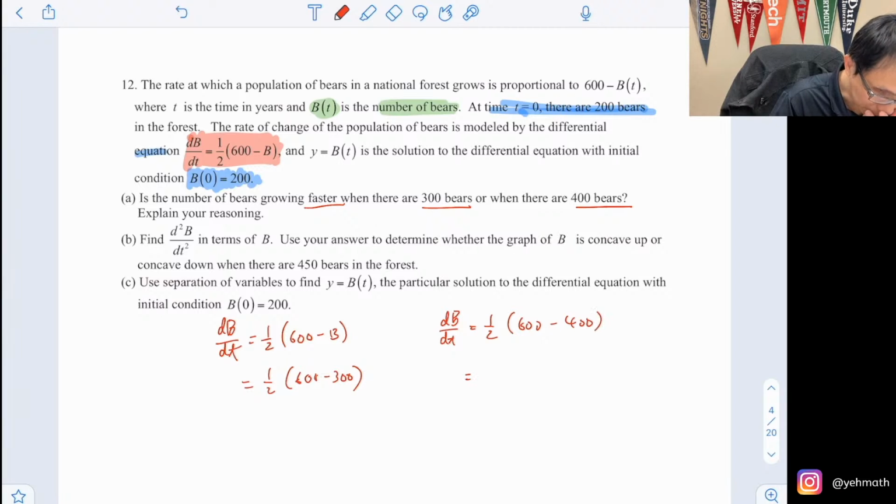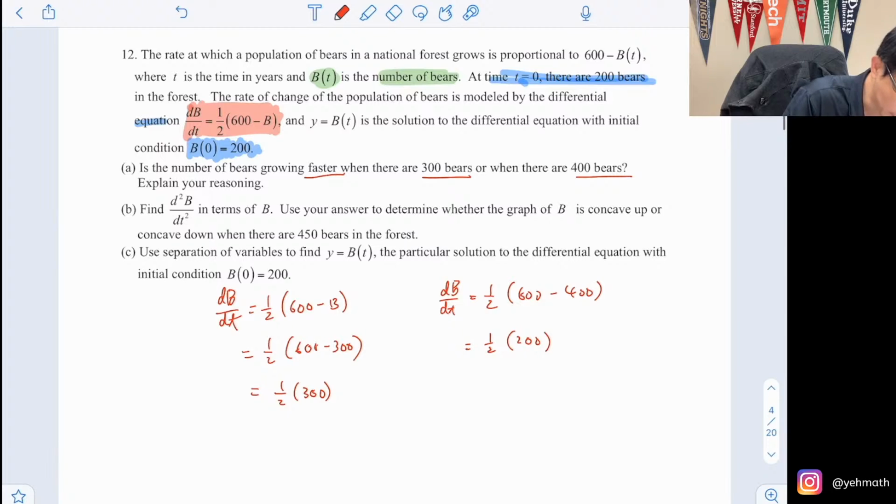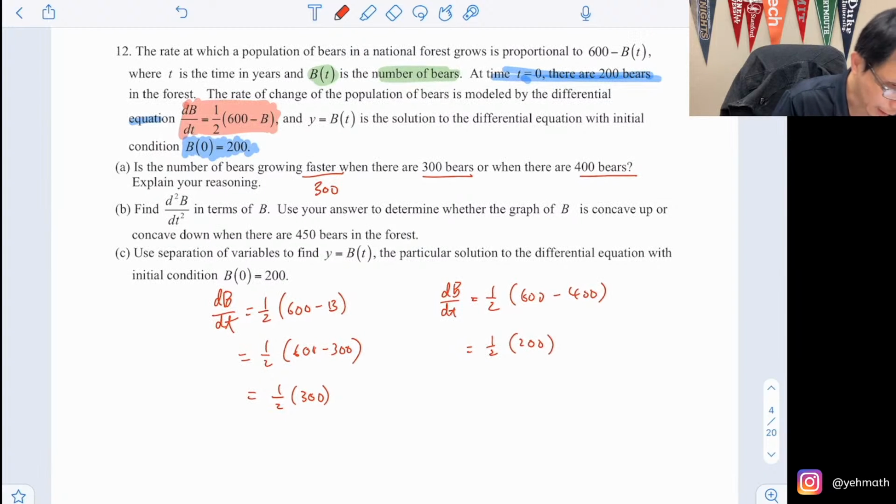This one is going to be bigger because 1/2 times 300 is greater than 1/2 times 200. That is the part where you have to state your reasoning: it is growing faster at 300 bear because dB/dt is larger.